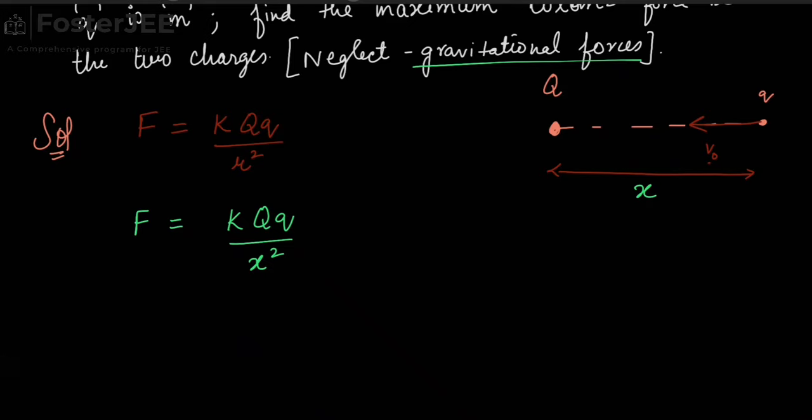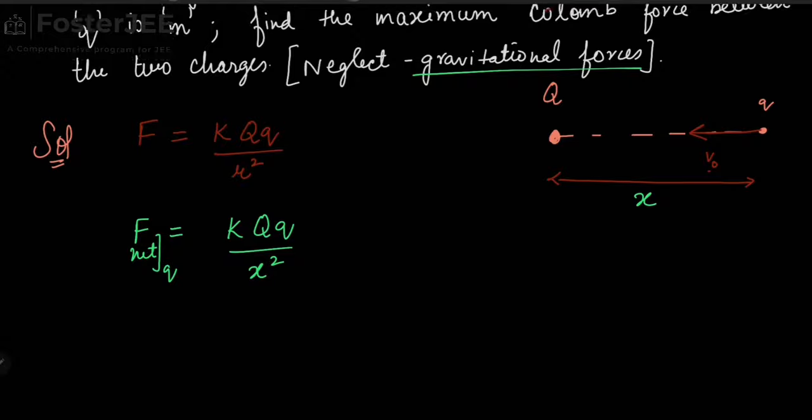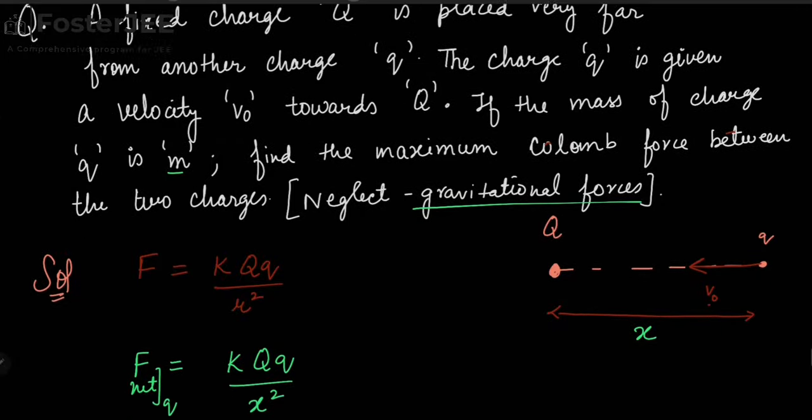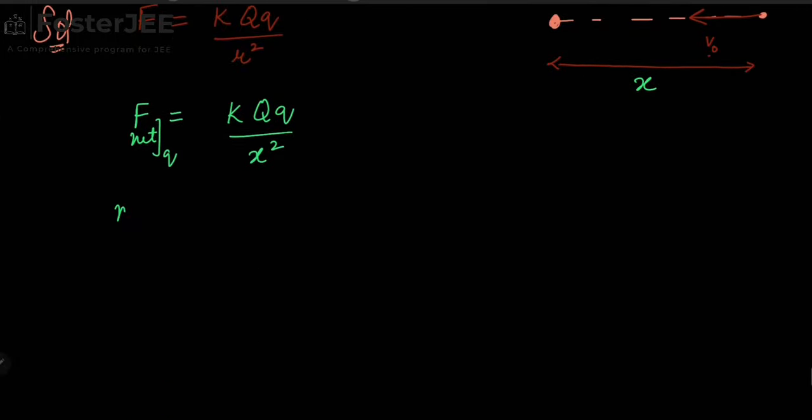Now, the total net force on the charge q is kqq by x square. The mass of charge q is m. So we write mass into acceleration equals kqq upon x square.